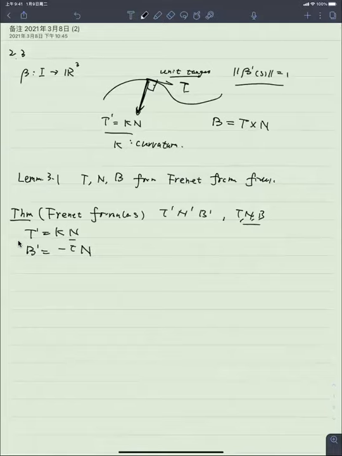Then how do we prove this? This is easy because we can differentiate B dot product T equal to 0.